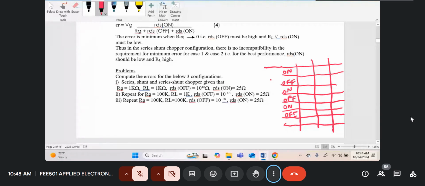So for each of these, this could be said like your shunt switch. So these are the errors. So the on error of shunt, off error of shunt. Then you go to your series. Then you go to your series shunt.